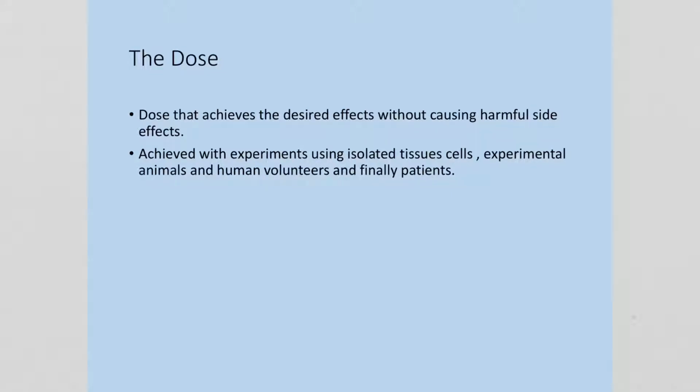During drug development, which has many phases, these are described in the clinical pharmacology book, experiments are used using tissues and cells, experimental animals, human volunteers, and finally patients, which is why it takes a long time and why it can be enormously expensive to develop new medicines.